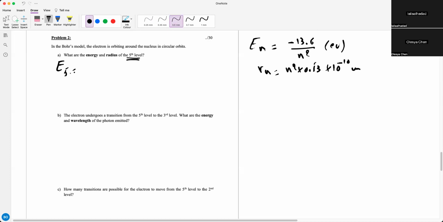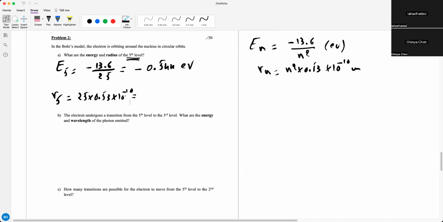So E5 means it is minus 13.6 divided by 25, right? So it's divided by 25. This gives you minus 0.544 electron volt. Same thing for radius 5, it will be 25 times 0.53 10 to the minus 10.